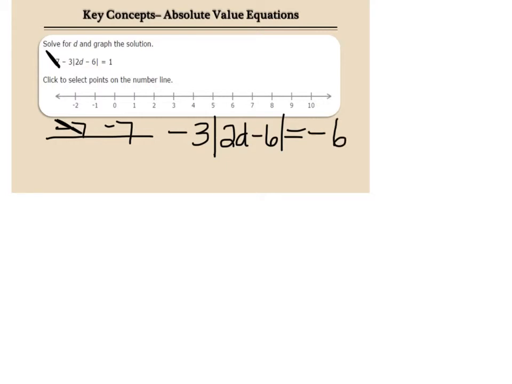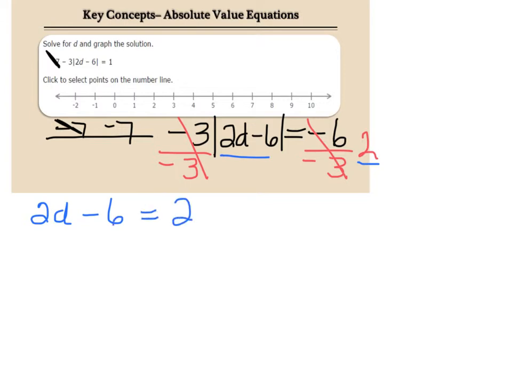The next thing I need to do is divide both sides by negative 3. That's gone, and negative 6 divided by negative 3 is a positive 2. Now I'm left with nothing more than the absolute value and a number. So I'm going to write that down. I have 2d minus 6 equals 2, and 2d minus 6 equals negative 2.